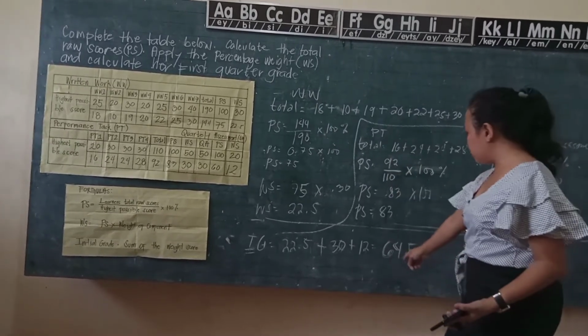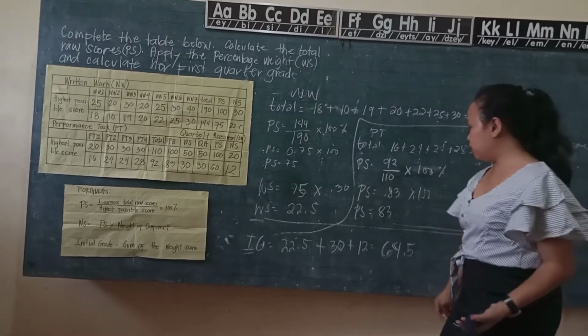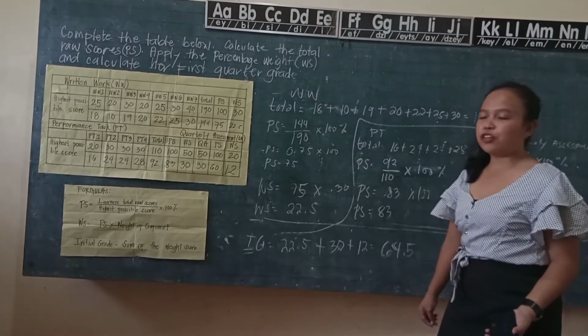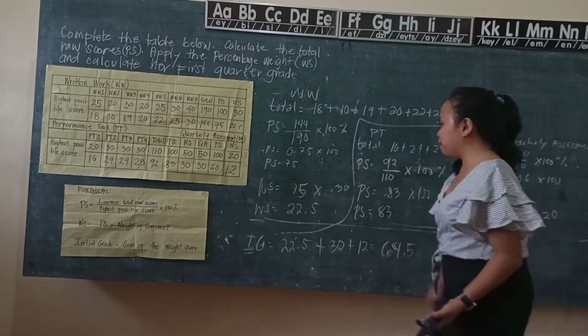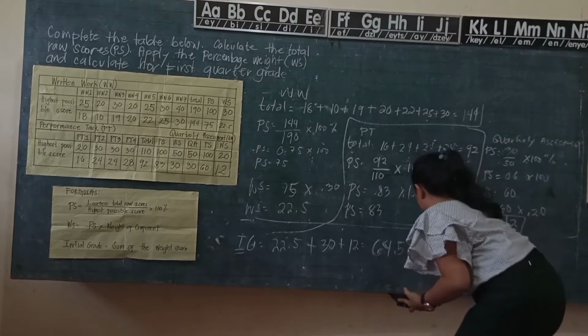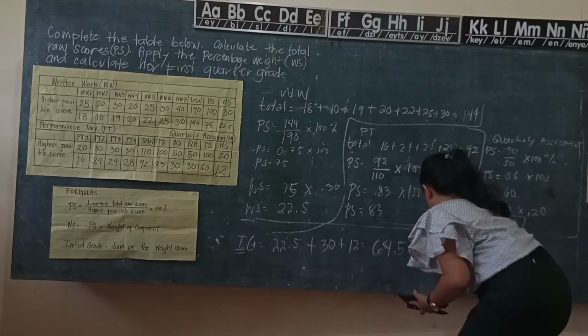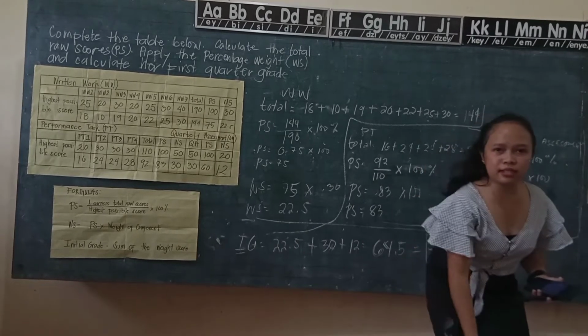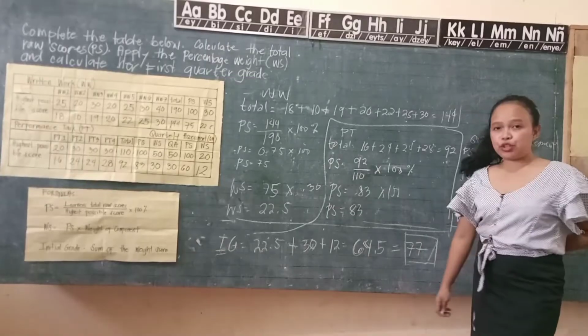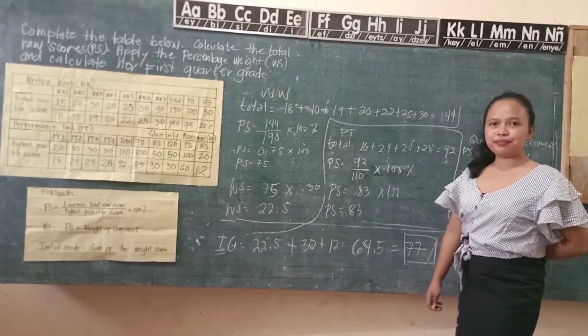And we are going to find its transmuted grade in the transmutation table provided by the Department of Education. So 64.5 is equivalent to 77. So 77 is the final grade of Julia Anderson in Araling Panlipunan.